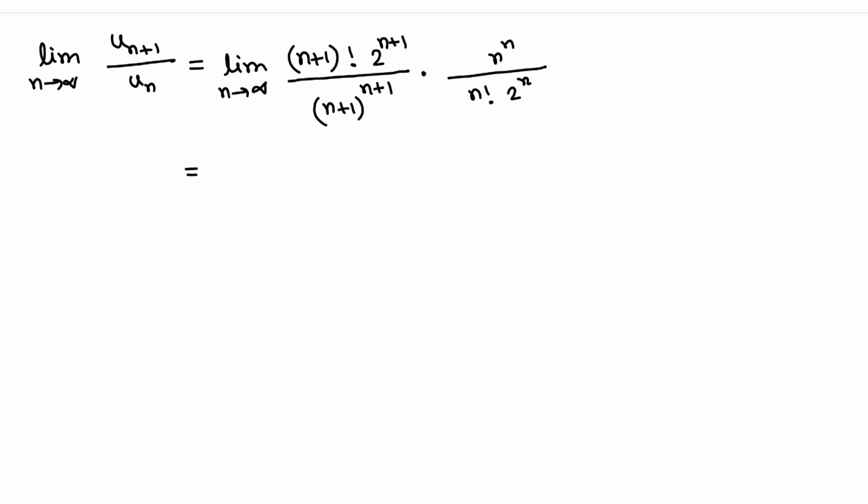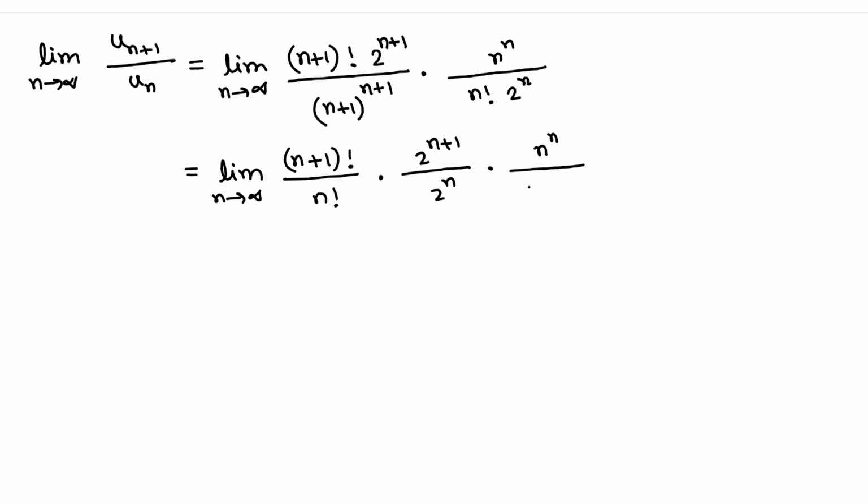I can write this in this form: limit n tends to infinity. Let's take the factorial together. So n plus 1 factorial divided by n factorial, into 2 to the power n plus 1 divided by 2 to the power n, into n to the power n divided by n plus 1 whole to the power n plus 1.